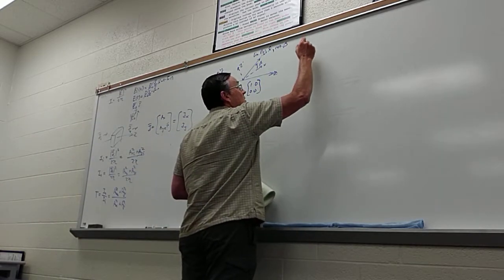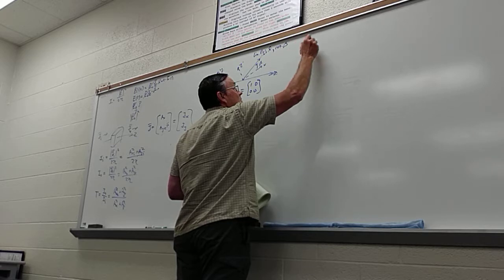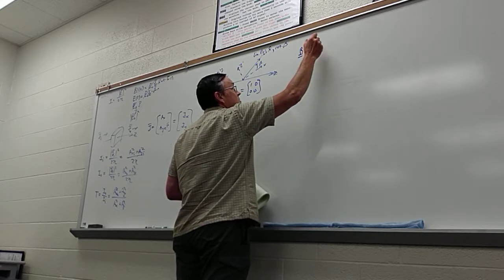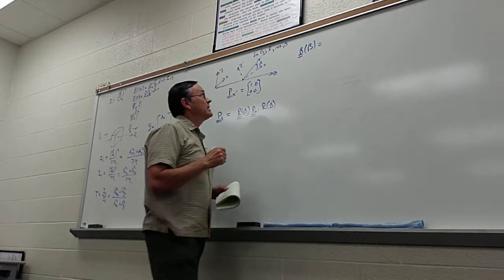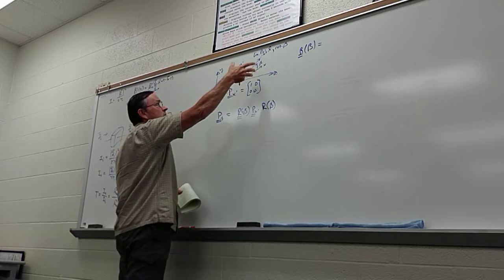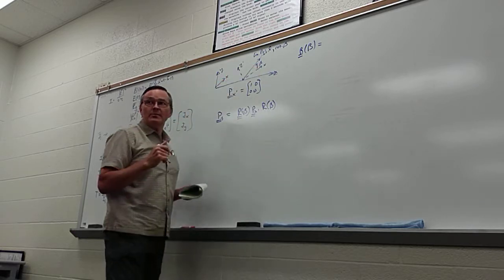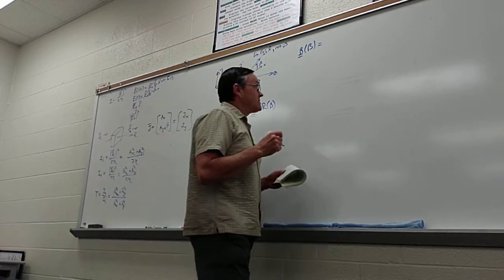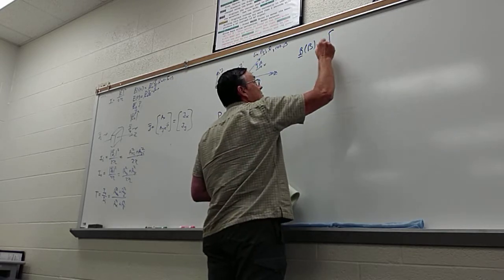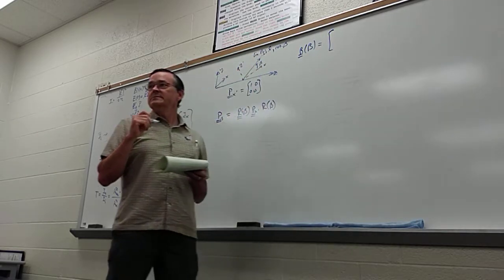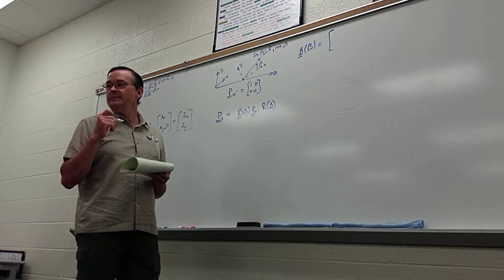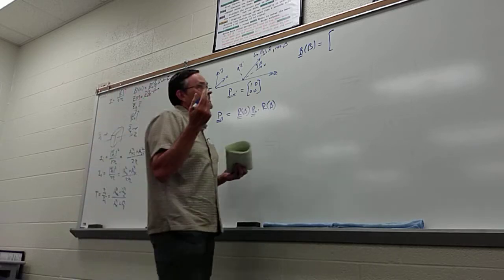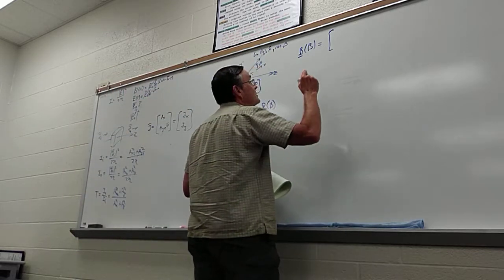So the rotation matrix for rotating the coordinate system from xy to x prime and y prime is something you've had to deal with before, right? Somewhere in some class, sometime. It's just a simple sine and cosine relationship.